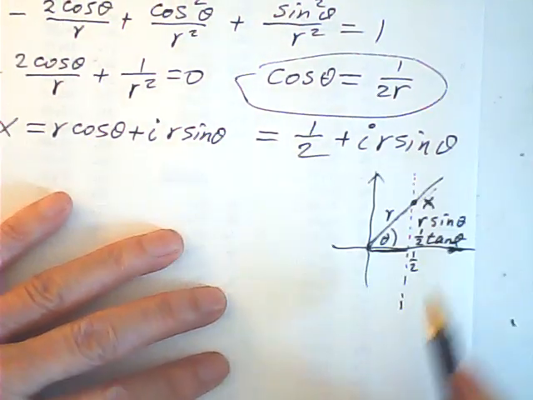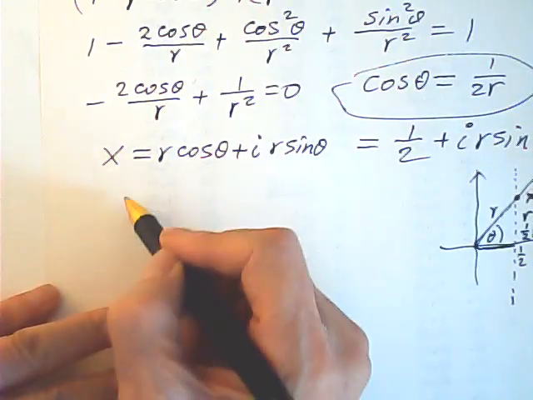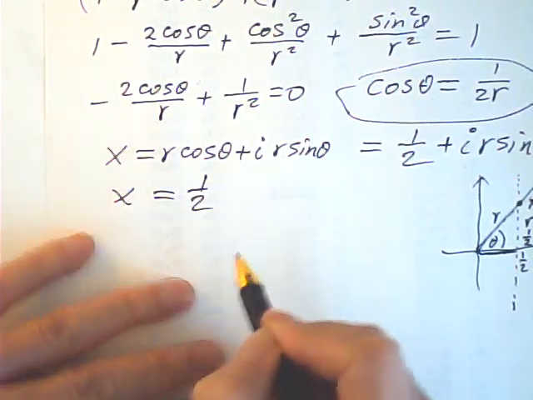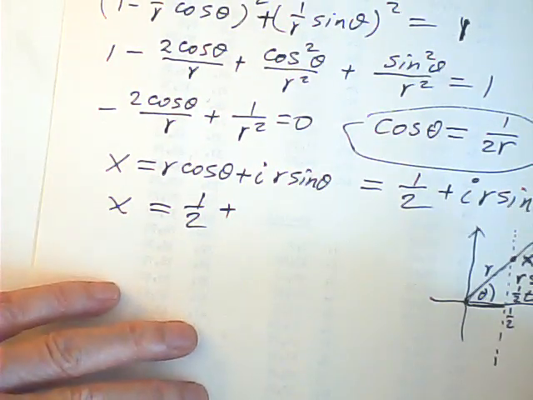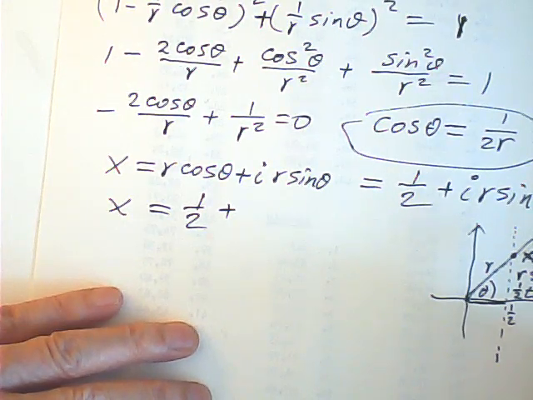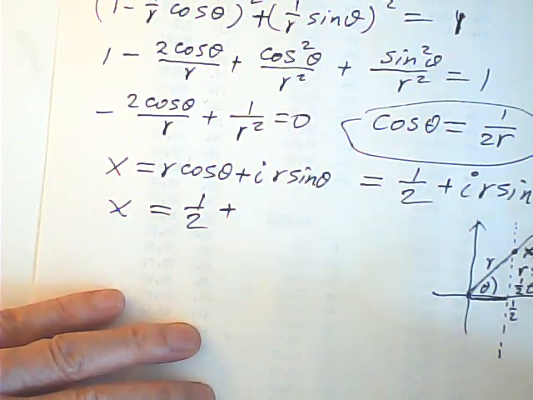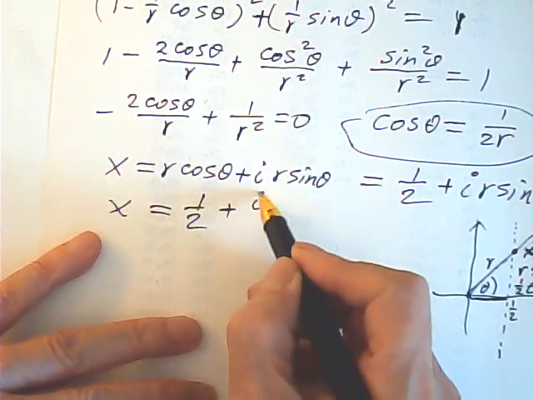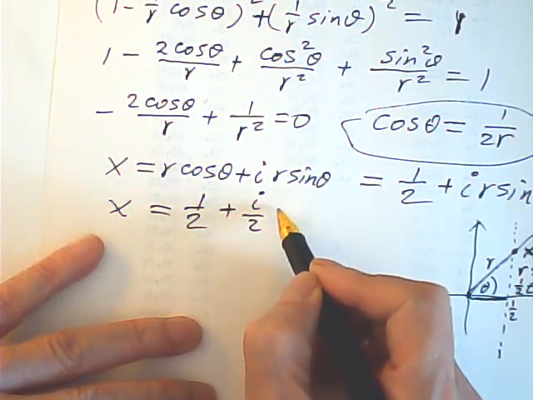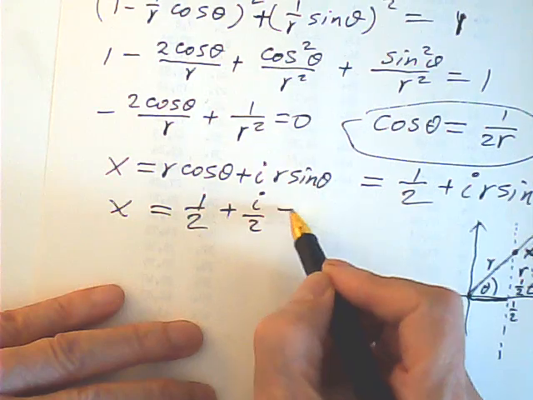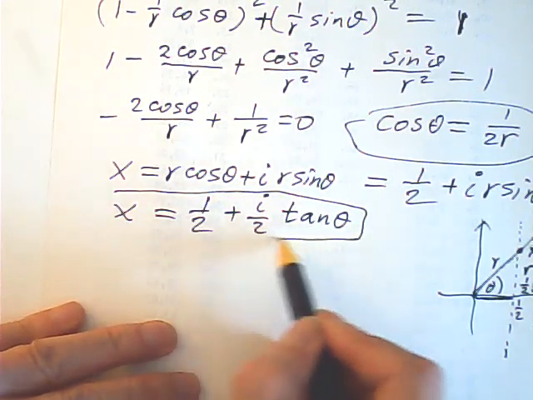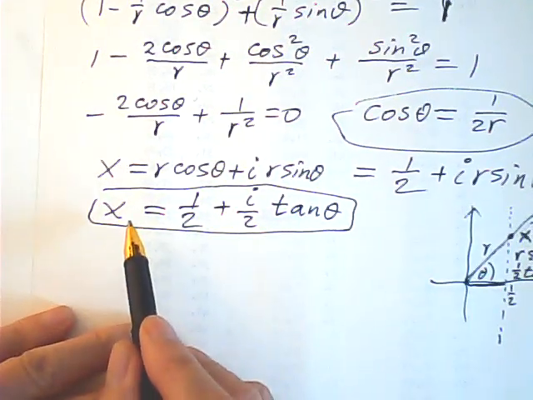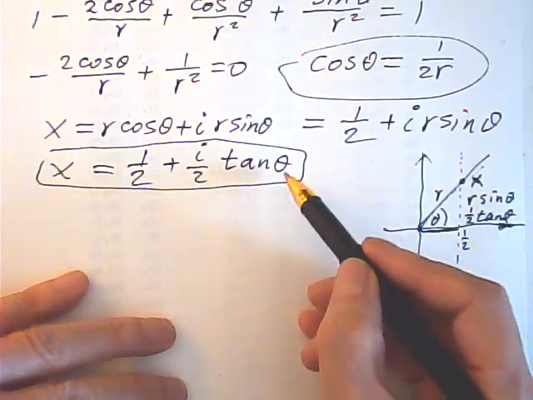Therefore, x is equal to 1/2 plus i times 1/2 over tangent theta. Yeah. So this is better. So this is our x. We find theta, we find x.